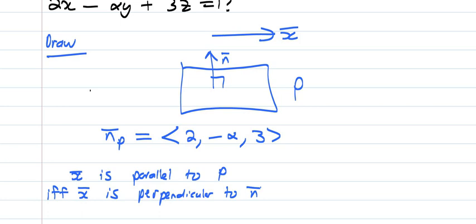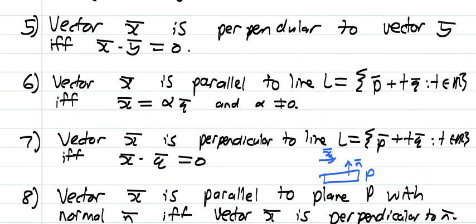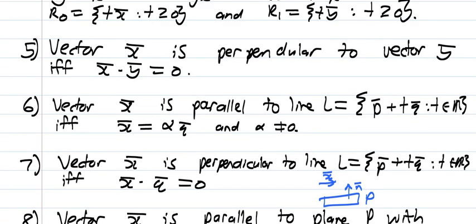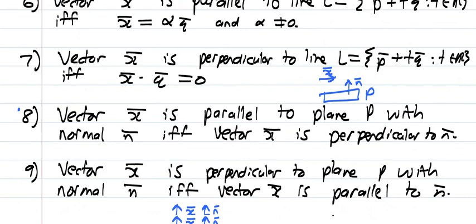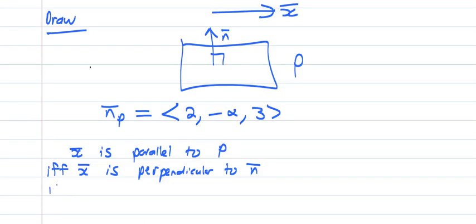So we want those two vectors to be perpendicular. So again, what does it mean for two vectors to be perpendicular? This is now number 5 making an appearance. Number 5 says that two vectors are perpendicular if and only if the dot product is the value 0. So now that bit of knowledge comes into play. So this happens if and only if x dot n is equal to 0.